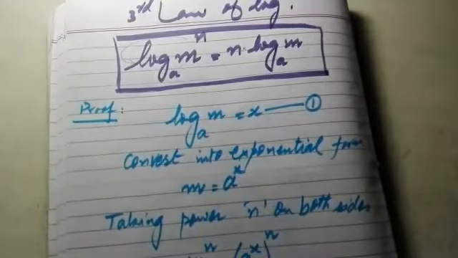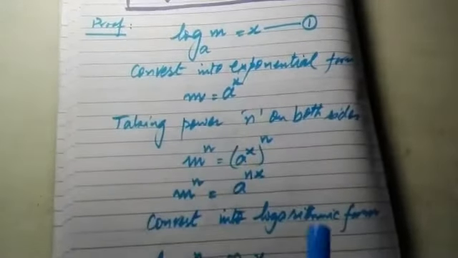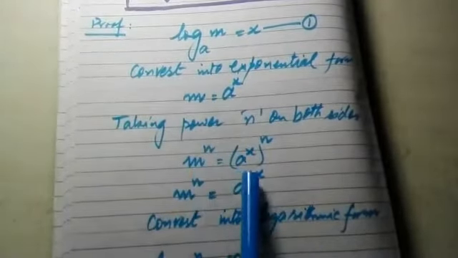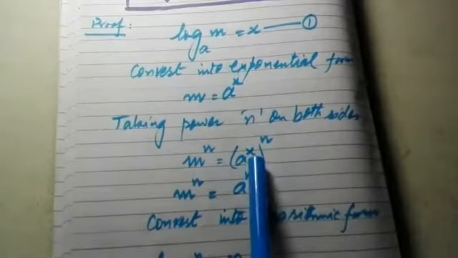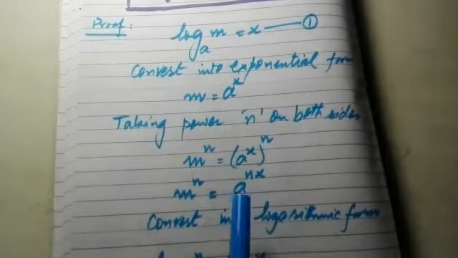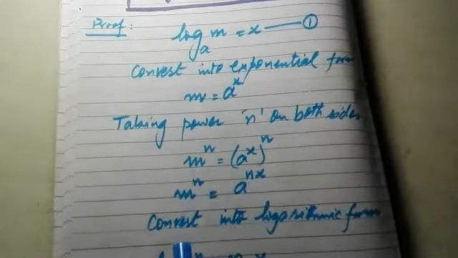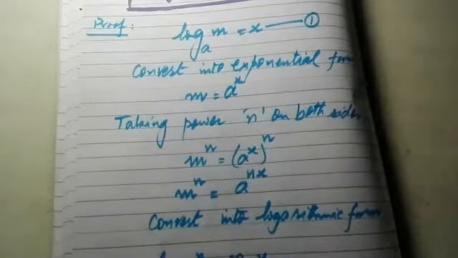Taking power n on both sides, m raised to power n equals a raised to power x, and the whole power will become n. As you know that both the powers will be multiplied, it will become a raised to power nx, m raised to power n. Now finally the last step is required, that we have to convert this expression into the logarithmic form.